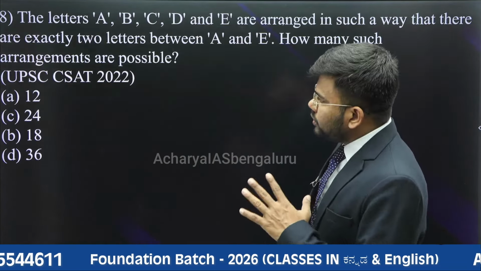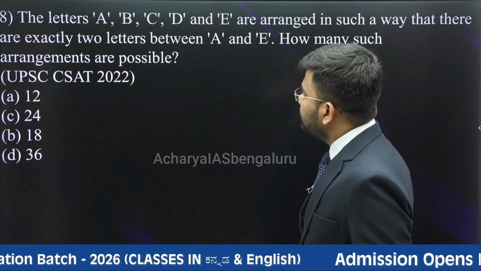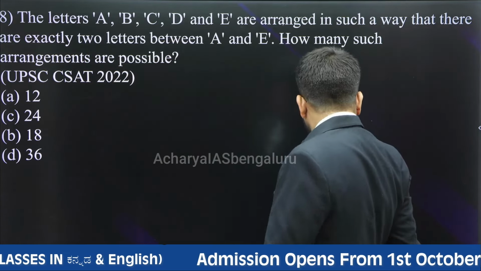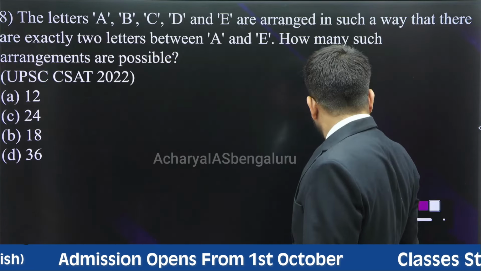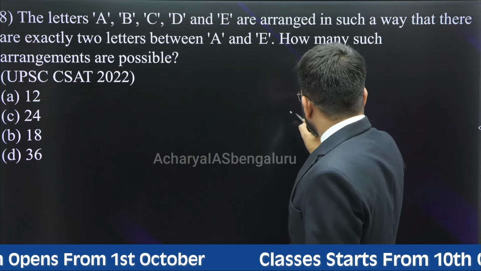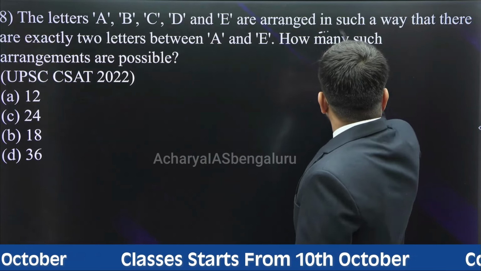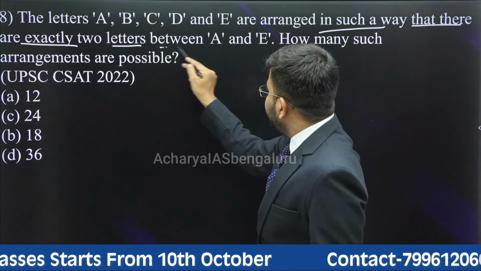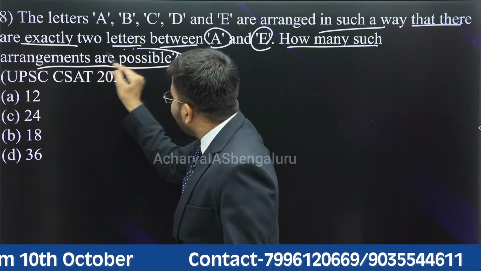Now, one more question, that is the 8th question. This is also a 2022 question. We shall try to solve. The letters A, B, C, D and E are arranged in such a way that there are exactly 2 letters between A and E. How many such arrangements are possible?